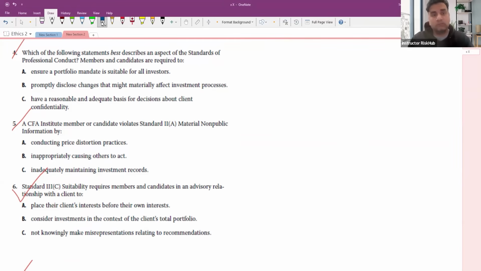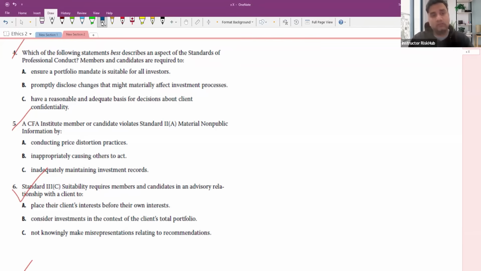Which of the following statements best describes an aspect of the Standards of Professional Conduct? Members and candidates are required to do what, right? Now, in this question, see, members and candidates are required to ensure a portfolio mandate is suitable for all investors.